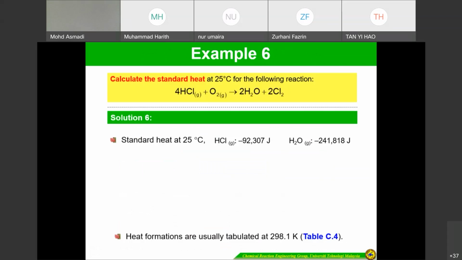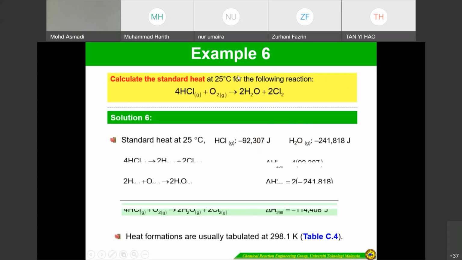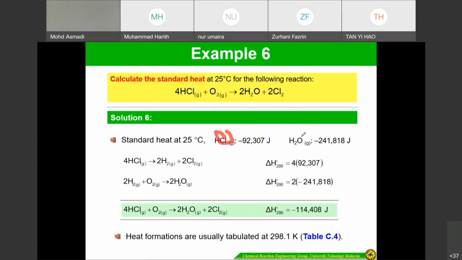The standard heats of formation: the HCl is 92, and H2O is this one. An element is equal to 0. So just rearrange the equation, the formation of the HCl and also the formation of H2O. This is water vapor or steam, right? Just cancel out this one.